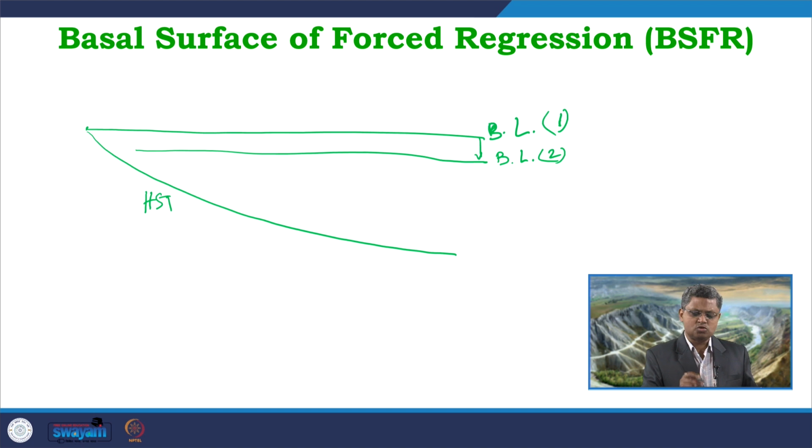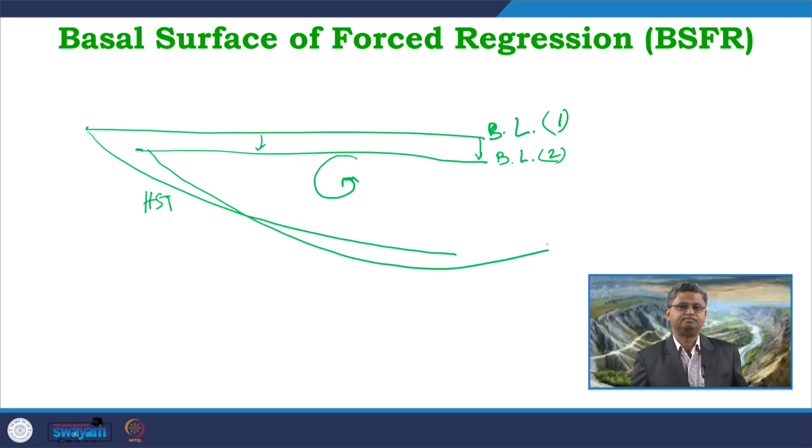So, in response to this much of a fall in the base level, what will happen? We will get some wave erosion, wave reworking or shallow marine reworking processes. So, due to this fall in the base level, a new wave equilibrium profile is formed like this. This wave equilibrium profile means that wave erosion is going on along this particular line.